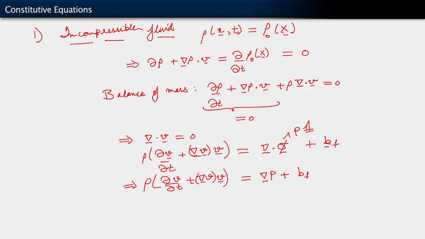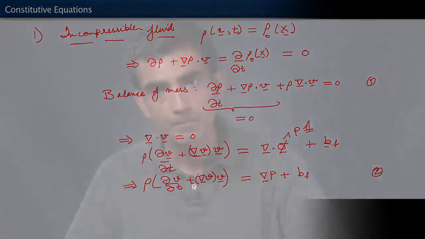So the equations that we have are 1 and 2. If you count, these equations add up to 4 equations actually, because the second equation is actually 3 of them. But how many unknowns do you have here?